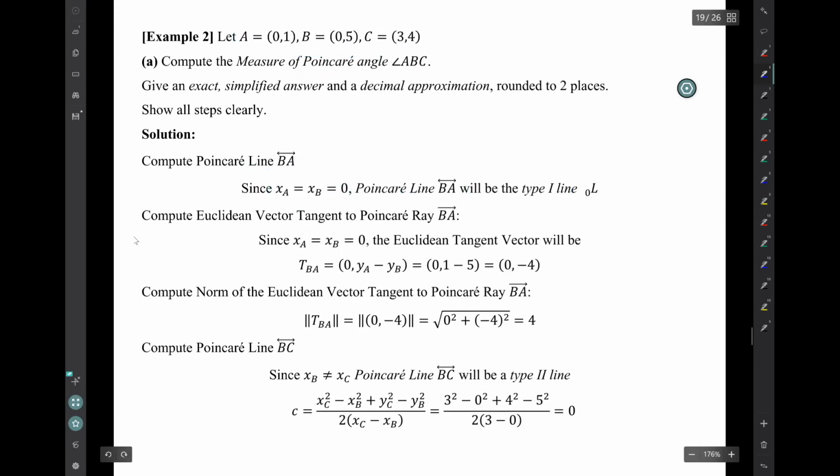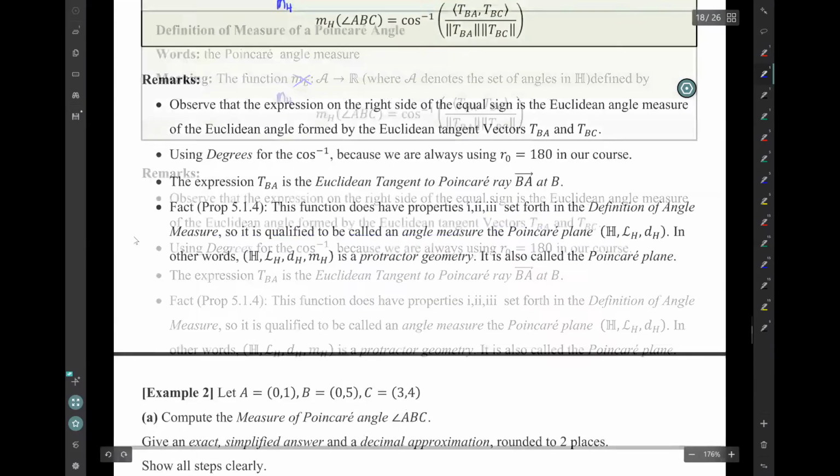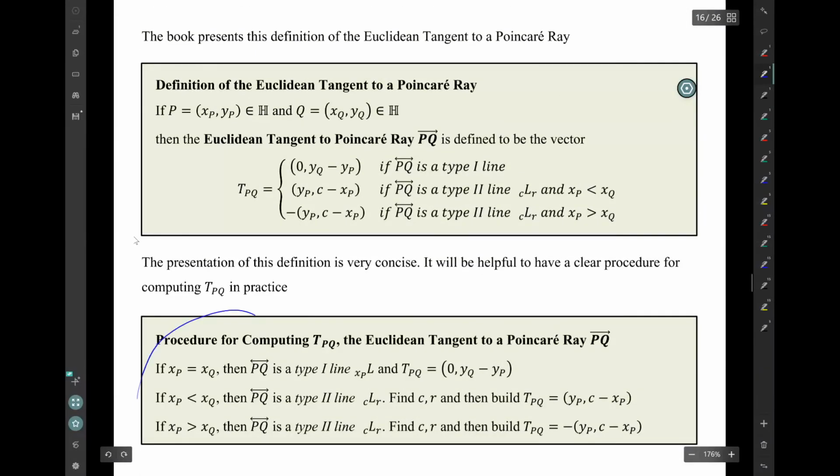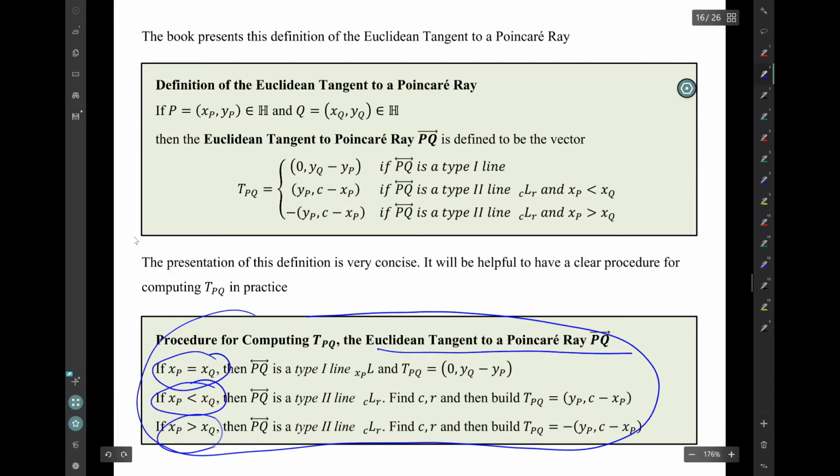Now we have to compute the Euclidean tangent vector to Poincaré ray BA, and I should say at point B. Now remember how we do this. I have a procedure a few pages back. This procedure for computing the Euclidean tangent vector, I scrutinize the x-coordinates of the points, and then based on what I find, I do one of these three things.